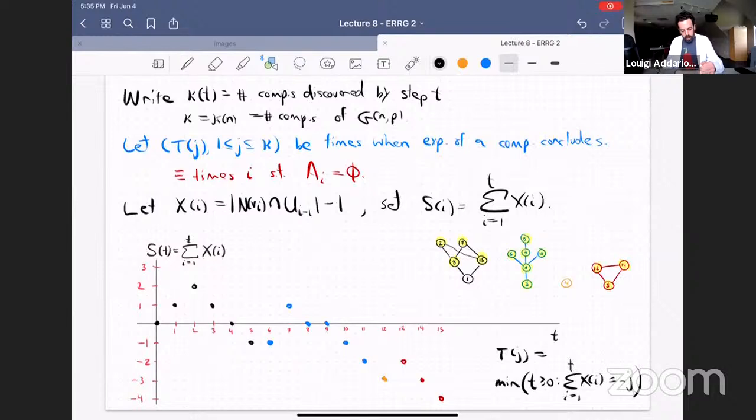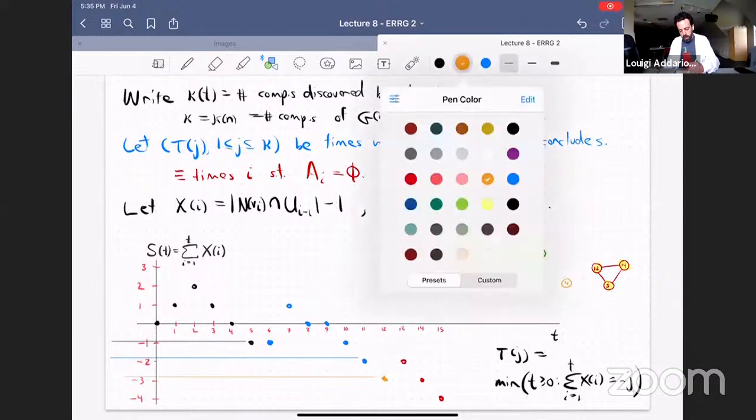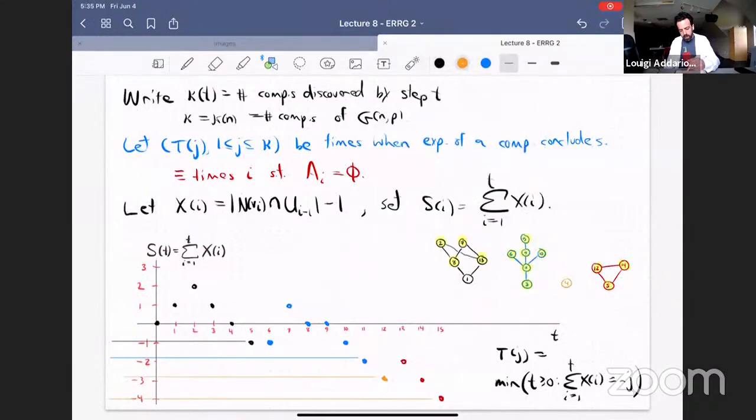And so here we hit minus 1, we've finished our exploration of the first component. We hit minus 2 when we finish exploring the second component, minus 3 when we finish the third, and minus 4 when we finish exploring the fourth component.